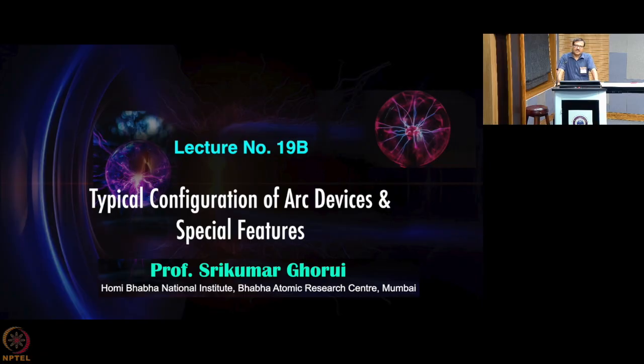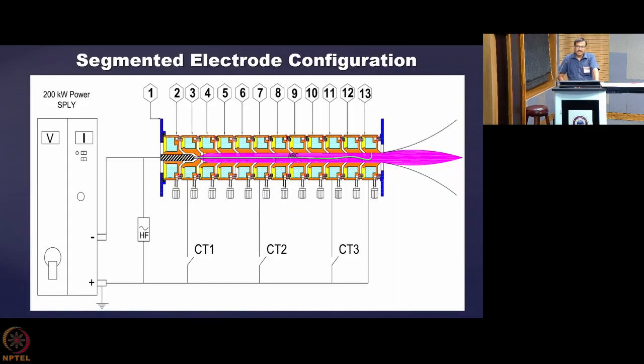In your previous class, we studied the arc plasma devices and how we can increase the power by changing the configuration of the arc device. It is not possible to break a very large gap initially. What we can do is configure the device in such a way that we break part by part.